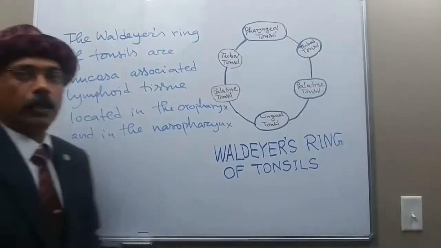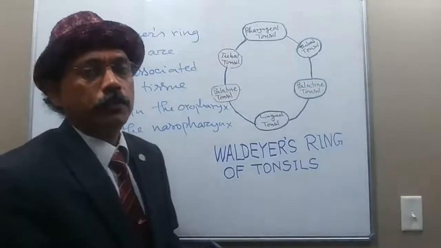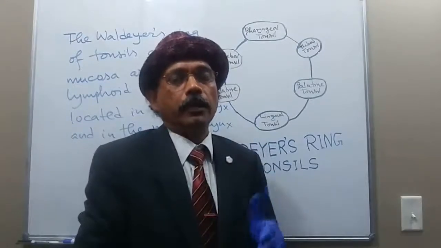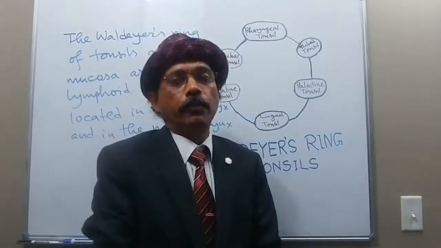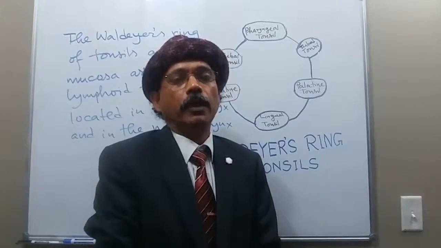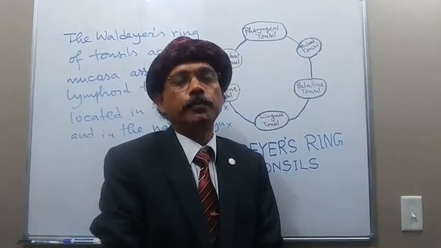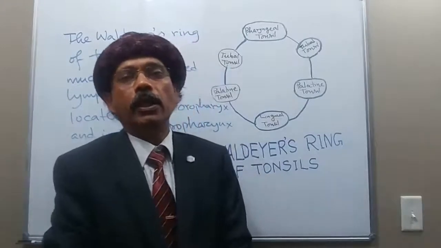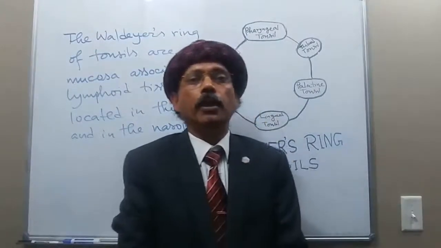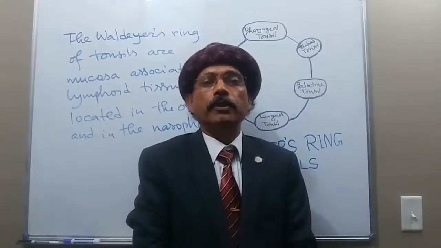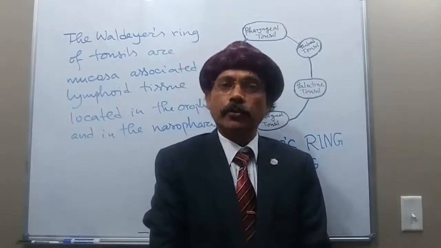So they are a collection of lymphoid tissue. They are present under the mucosa and also in the submucosa, and they are covered by the epithelial tissue. Their capsule is not well developed like that of the lymph node. So they are called tonsils.